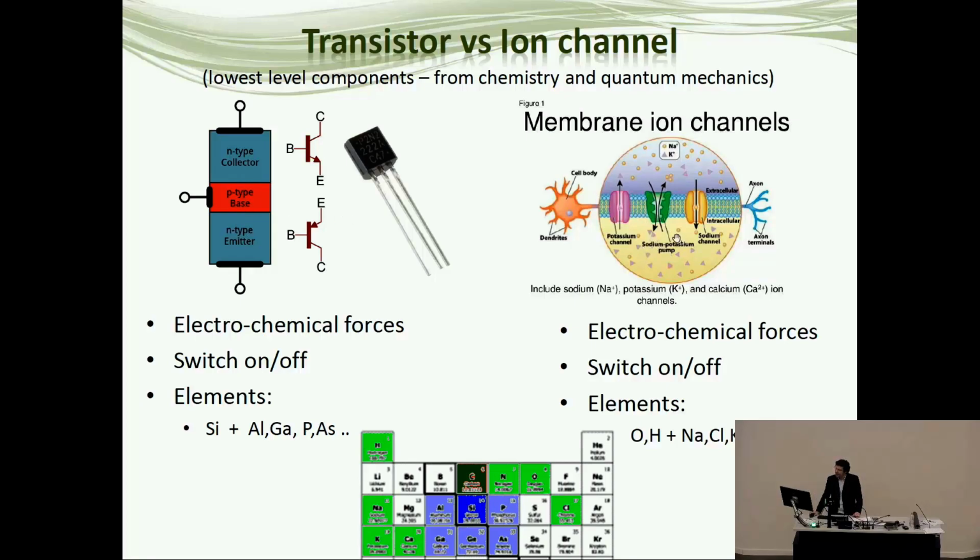Some of these things are ionized, so there's a positive charge on one side of the wall, negative charge on the other. The cell is trying to maintain that barrier, and there's a tension between the electrostatic forces and the chemical forces. Usually if you put a lot of a chemical in one place, it wants to diffuse, it wants to get mixed up, but if that's competing against an electrical force pushing it away, then you have that kind of balance.